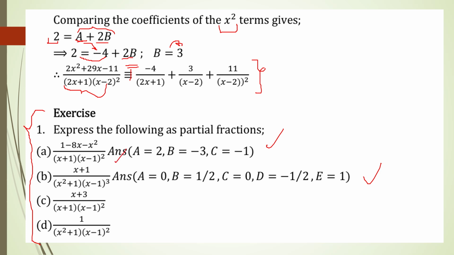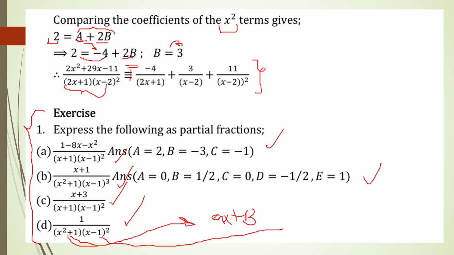If you get part A right, part B right, that means that you're most likely going to get part C and part D correct. But remember that in part D, it's a bit tricky because this is also a quadratic, x squared plus 1, and it cannot be factorized. That means that in your numerator, I expect you to have ax plus b divided by the first bracket, and then you expand this other bracket according to repeated factor theory, which you have just looked at.